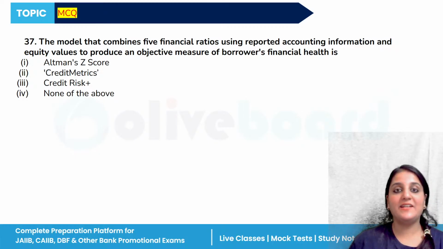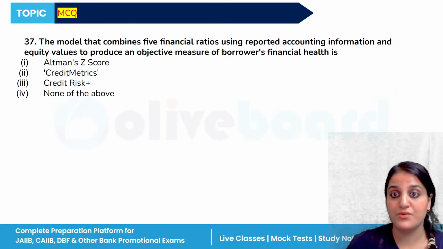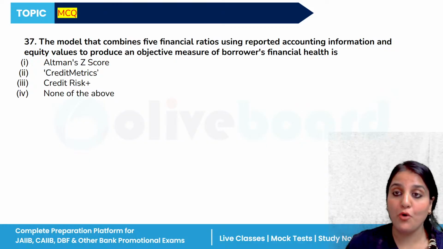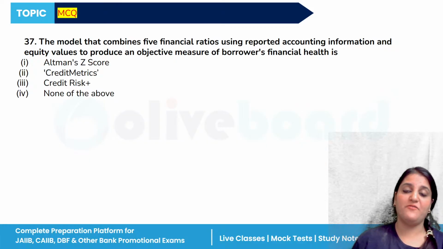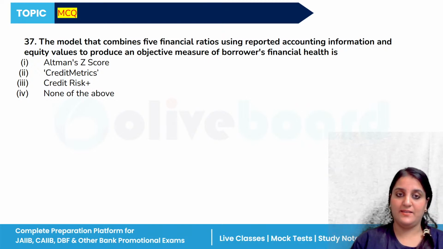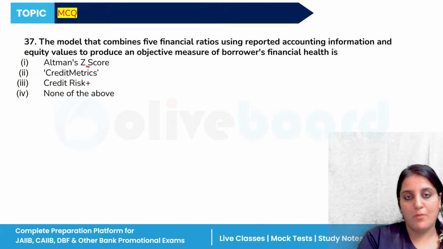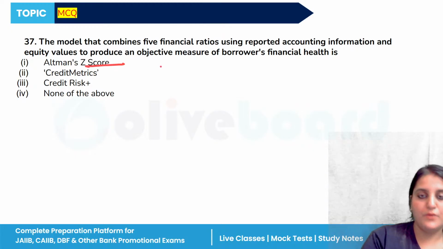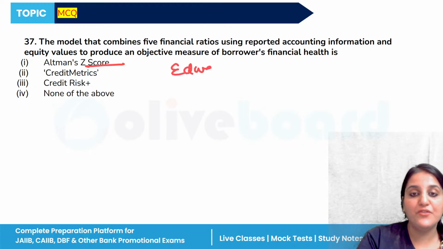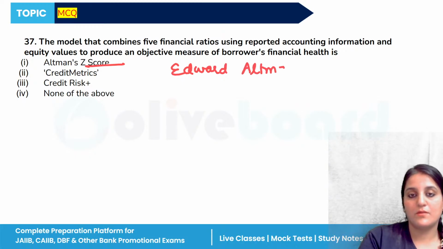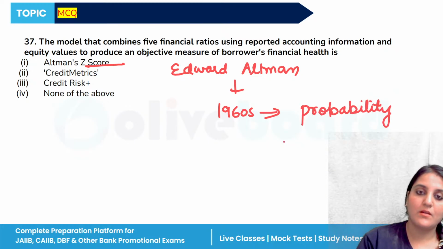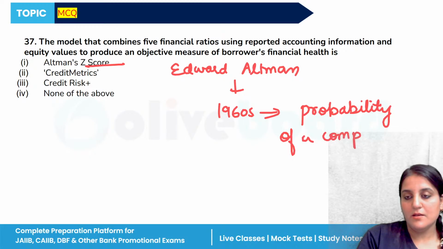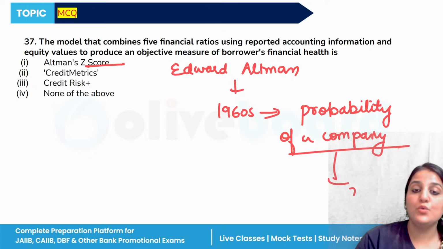Now, the model that combines five financial ratios, using reported accounting information and equity values to produce an objective measure of borrowers' financial health is? See, Altman's Z score is the formula developed by Edward Altman in the 1960s, which predicts the probability of a company going bankrupt within 2 years.